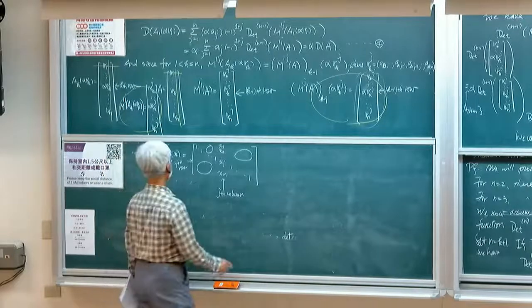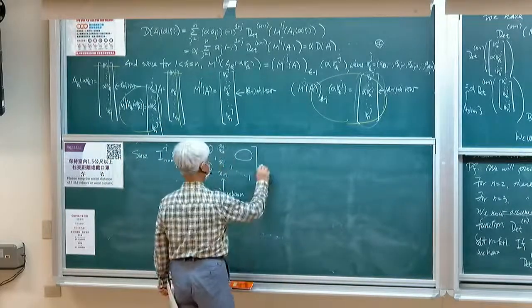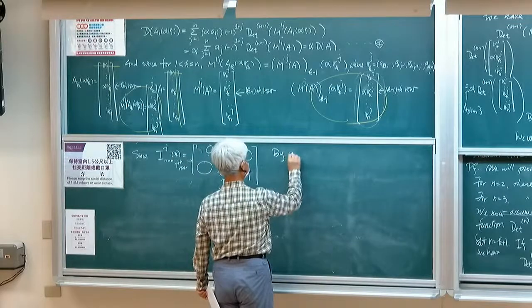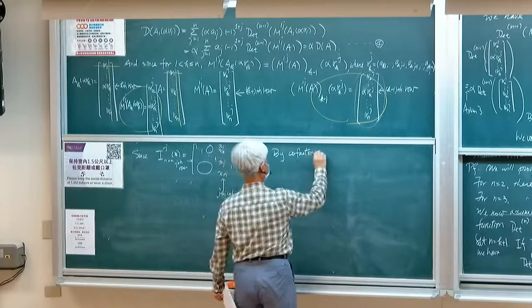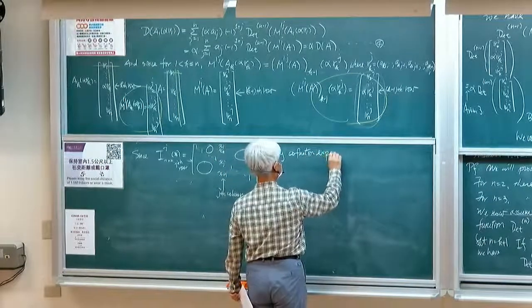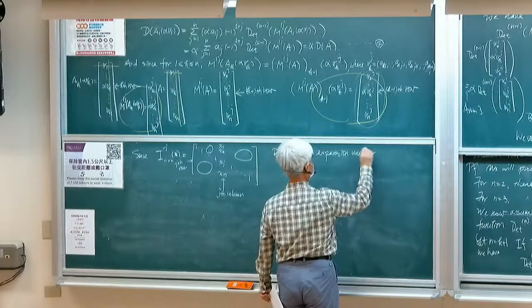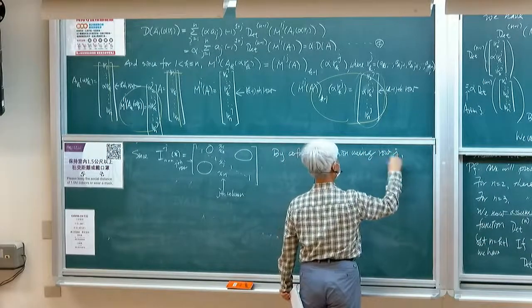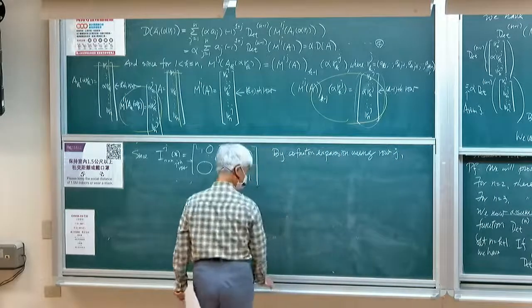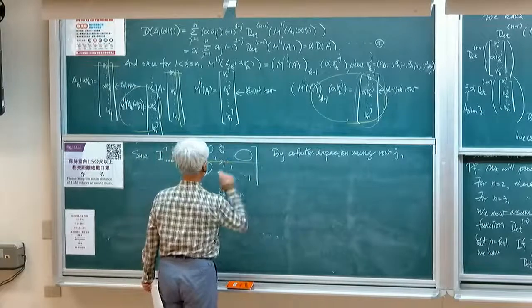So you can do cofactor expansion using row j.